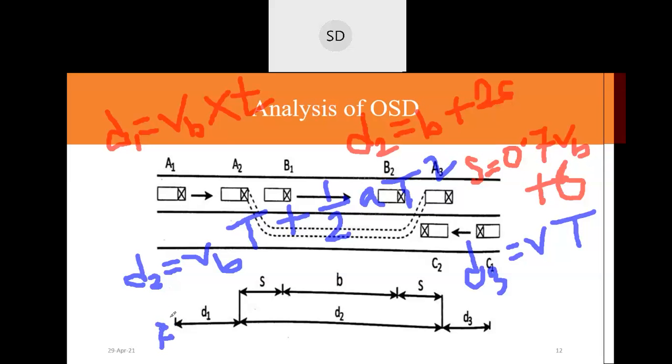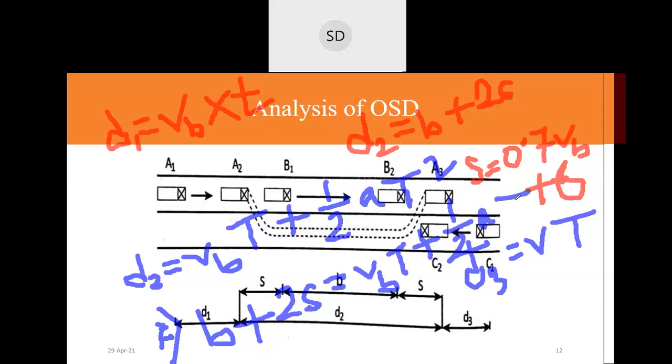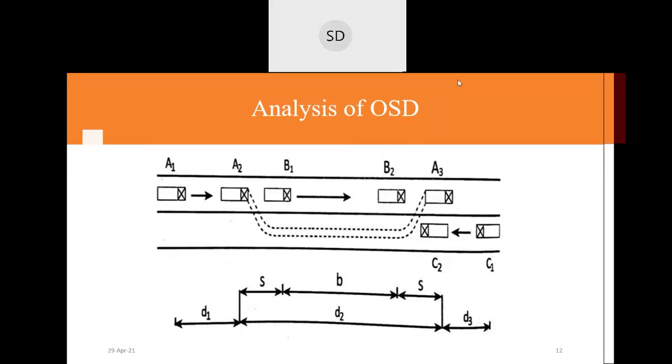So d2 is also equal to b plus 2s, which is equal to vb into t plus half a t square. Now how to calculate further?